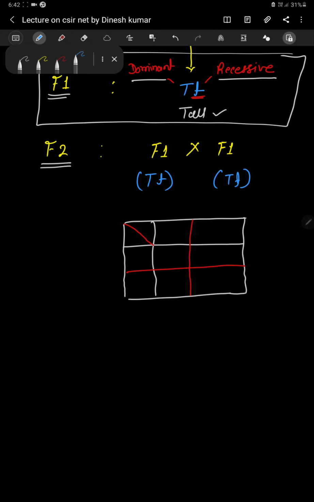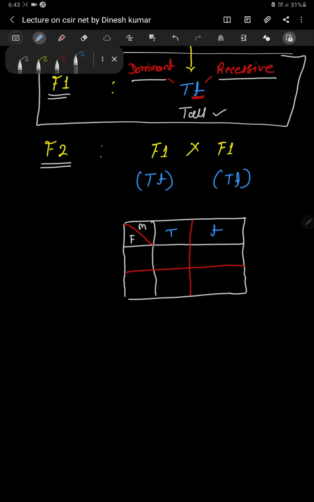So here this will be our male side. It is not compulsory, but we just consider that one of the parents will be male and the other female. On one side we represent the gametes of one of the F1 plants, for example capital T and small t.